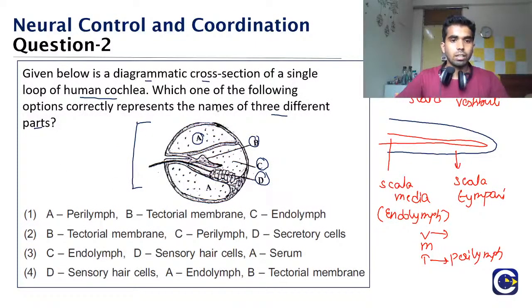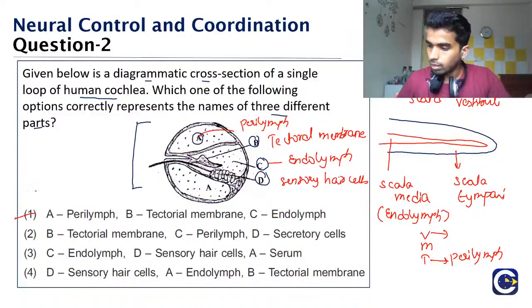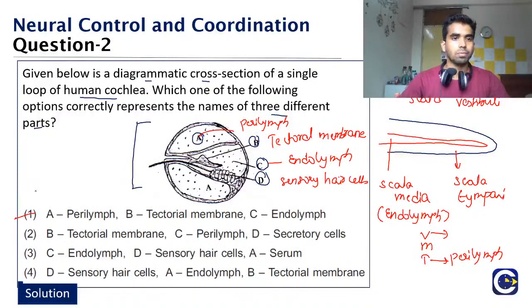So option A should be perilymph, as you all said, and C should be the endolymph, D is the sensory hair cells, and B is the tectorial membrane. If you apply this to the options, you will know that the correct answer is option A. Yes Trisha, the correct answer is option A.